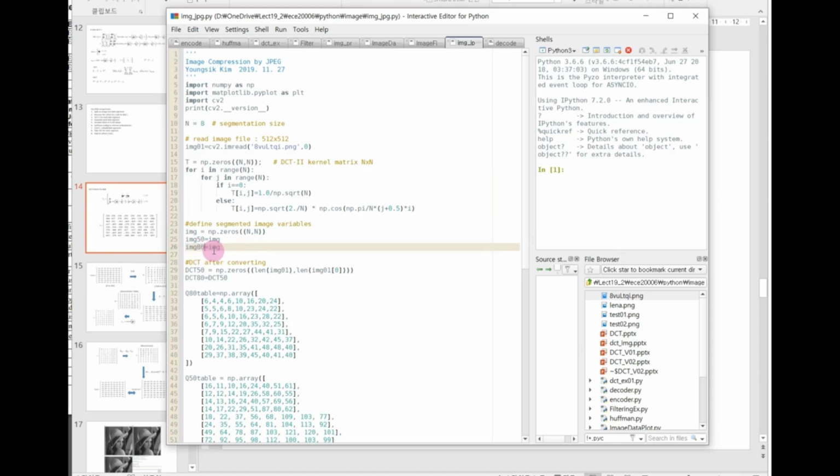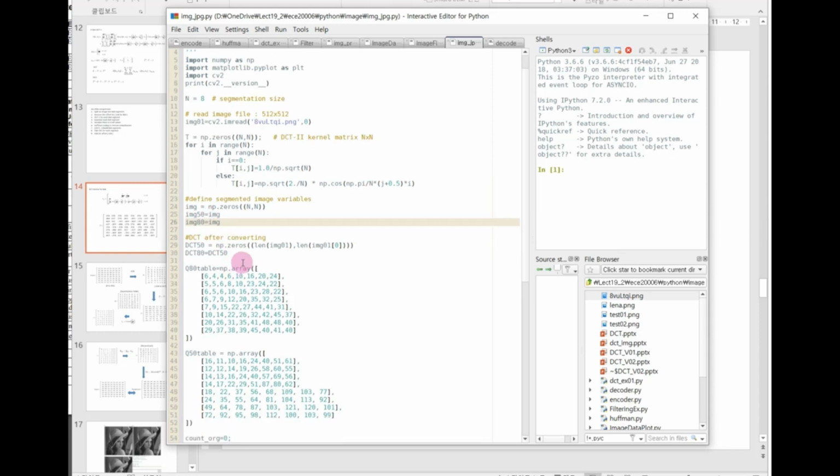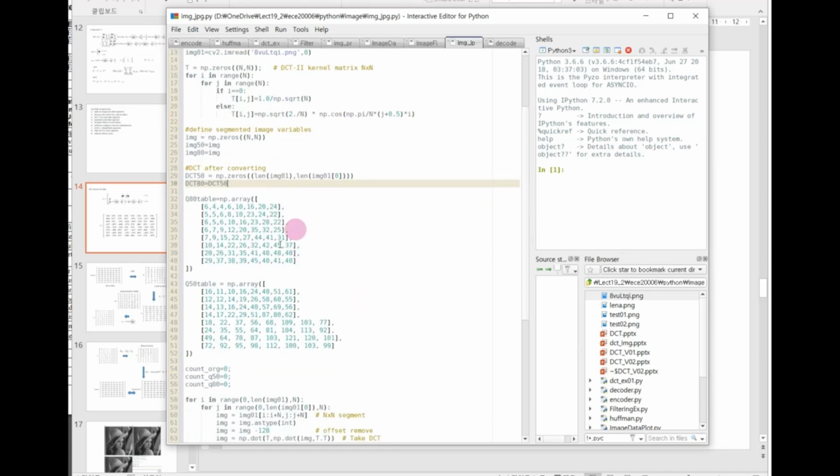I have two different quantization methods: one is a Q50, the other is a Q80 table. To store the DCT value for Q50 and Q80, a variable R is defined here. This one is a standard Q80 table to quantize the JPEG image, and the Q50 table is this one. Both of them are 8x8 matrices.